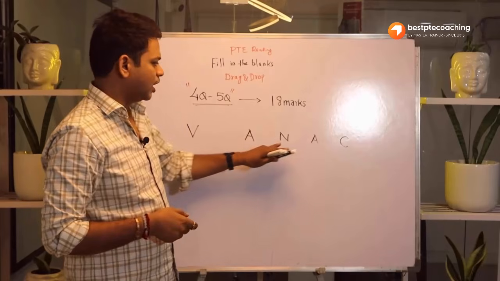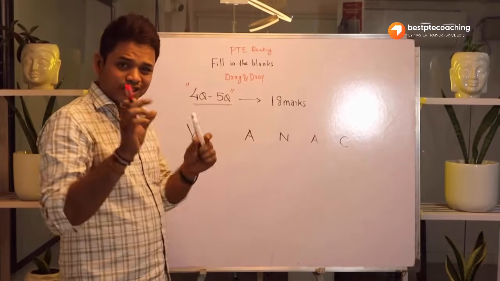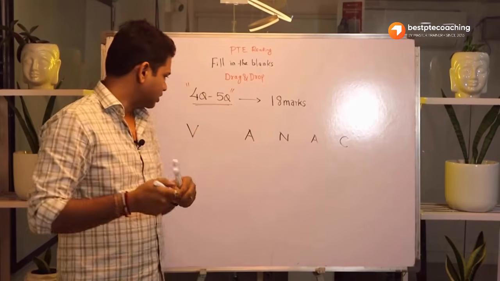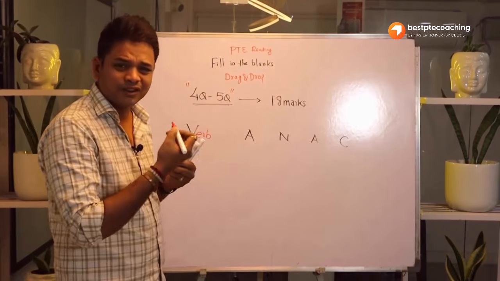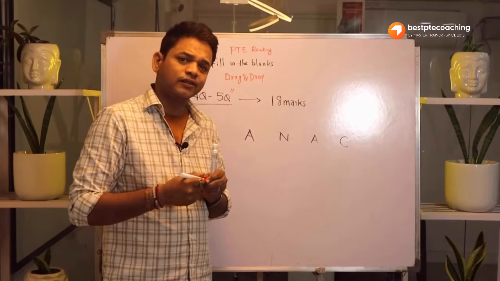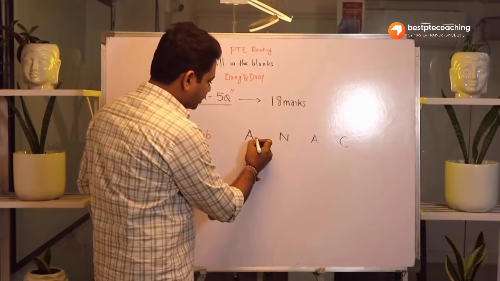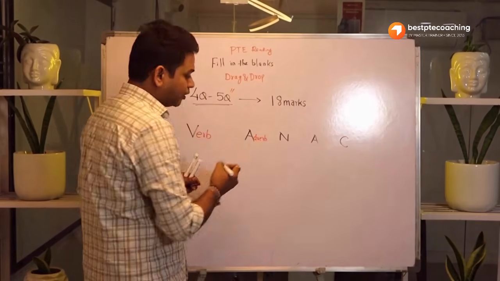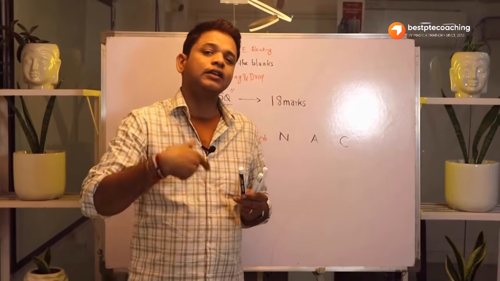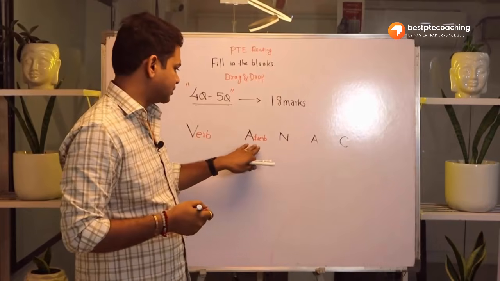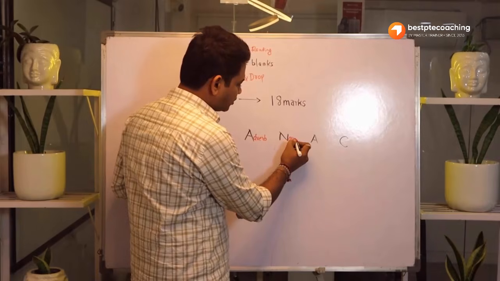So the missing words belong to this category. What is it? VANAC category, the missing words. So you see a blank everywhere. That blank is generally what? It can be a verb, right? It can be V1, V2, V3, yes, it can be a verb. And then the word can be what? Adverb, which is the ly form, like primarily, significantly, such as those words. Verb, adverb, and the majority of the PTE blanks are nouns.